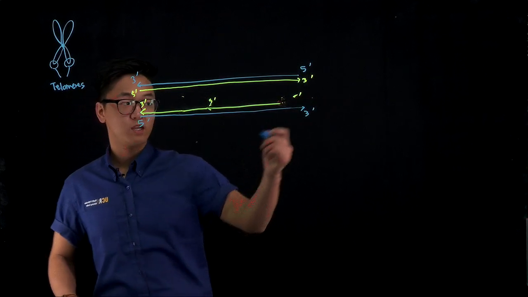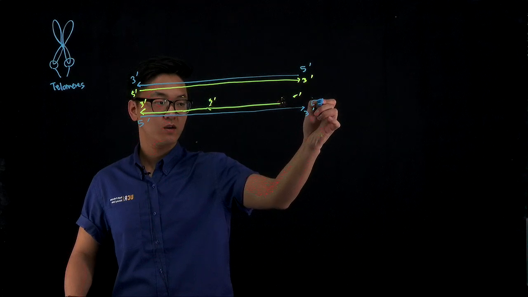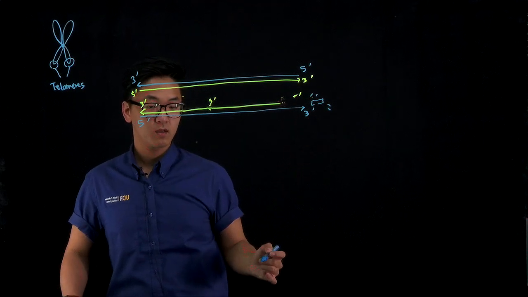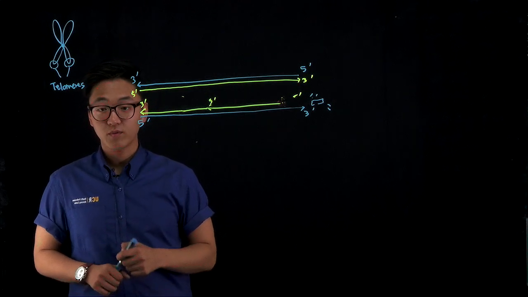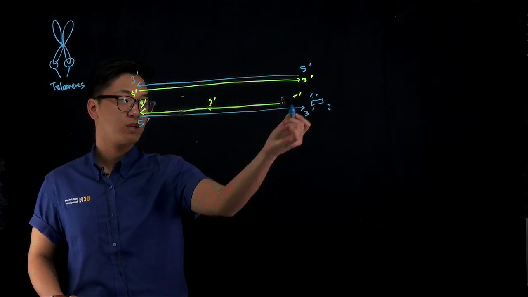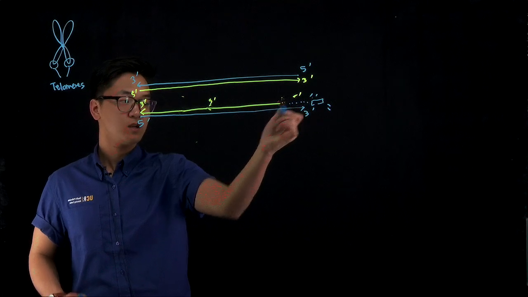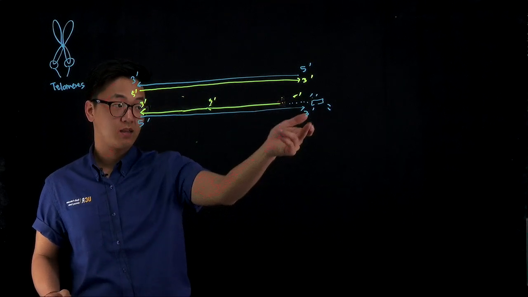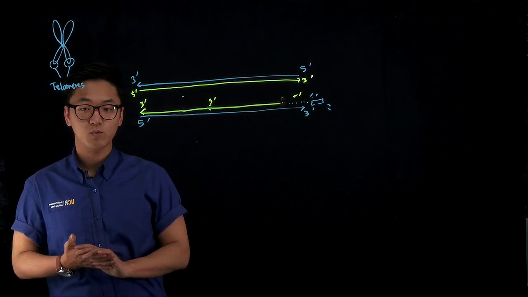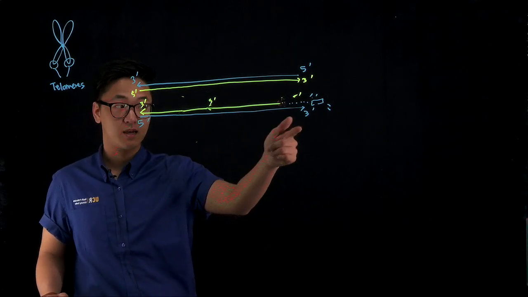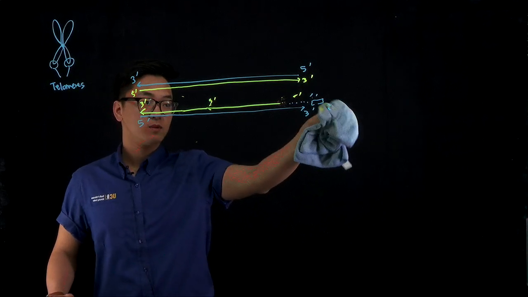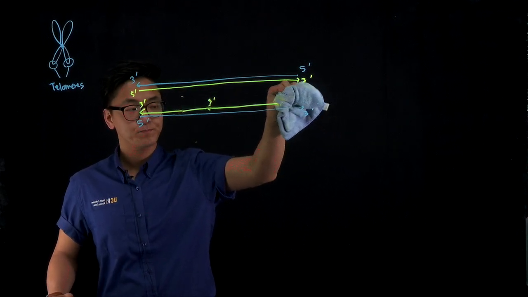So we actually need something over here that provides a free 3' hydroxyl group so that we can elongate this way. But since that's the tip of the DNA strand, we won't be able to synthesize in the 5' to 3' direction. This problem is called the end replication problem.